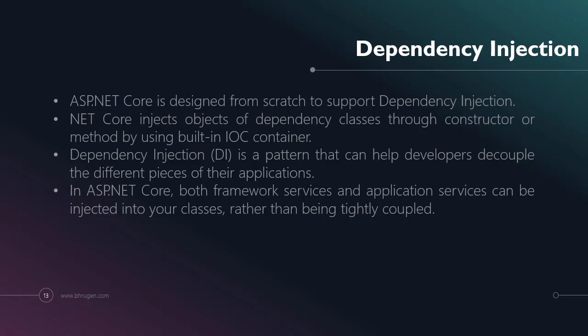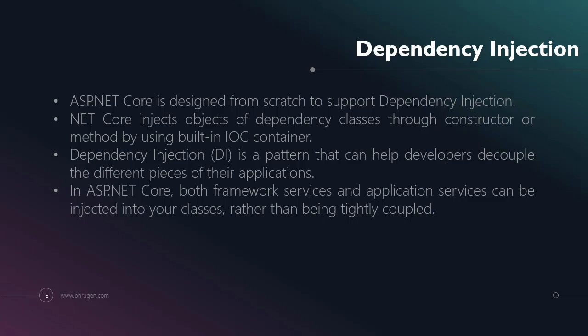ASP.NET Core supports the dependency injection software design pattern, which is a technique for achieving inversion of control between classes and their dependencies. Now you might be wondering, what is an IOC or inversion of control container? An IOC container is a framework for implementing automatic dependency injection.